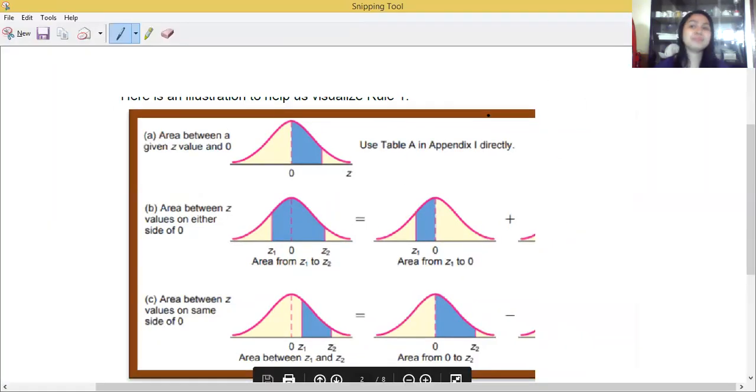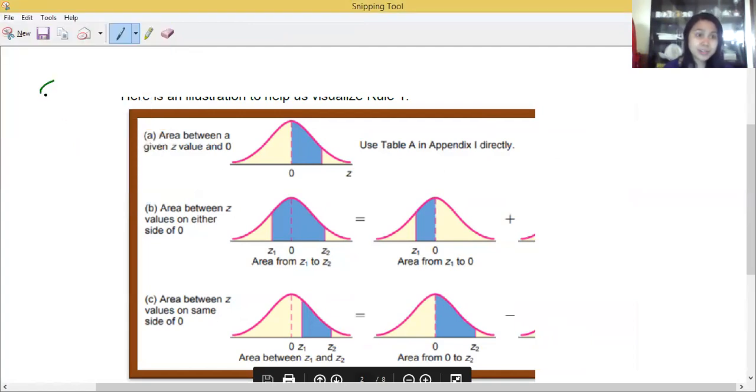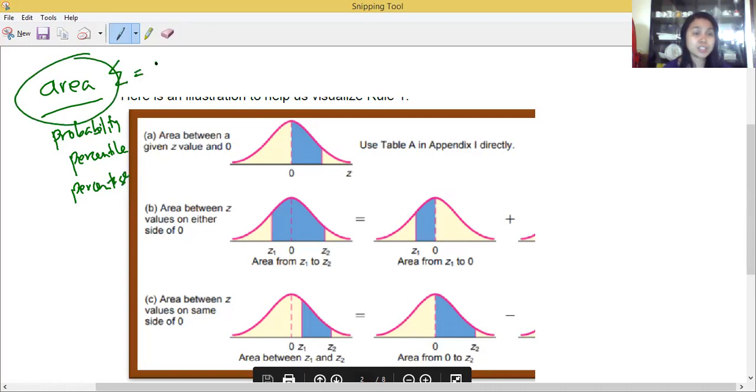Here's the first one. Now, if I ask you what is the distance or the area, again, we go back to these topics. Remember that area is the same as probability, it's the same as percentile, or it can be percentage. And remember, the summation of all area is 1.